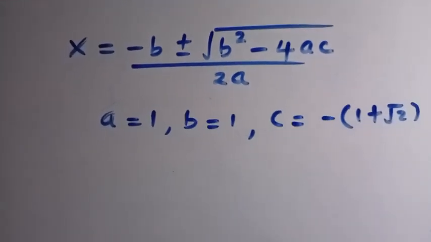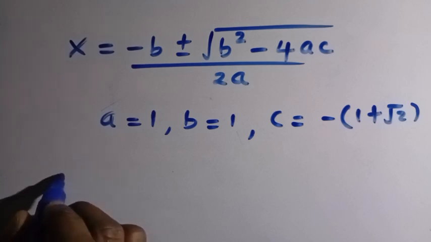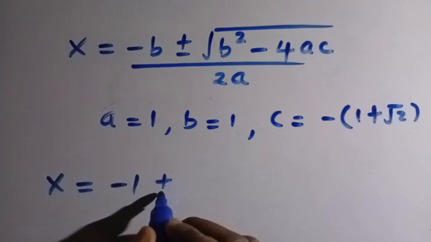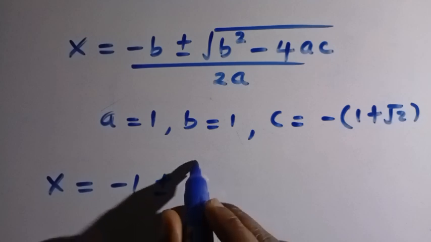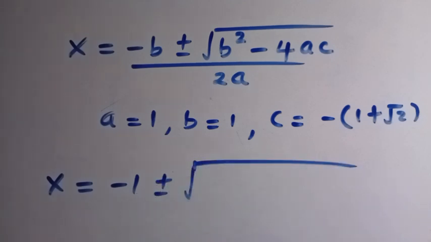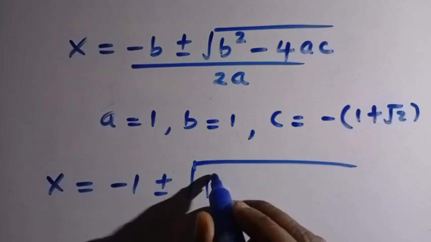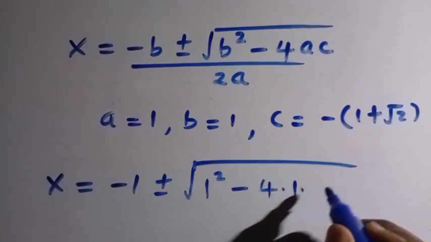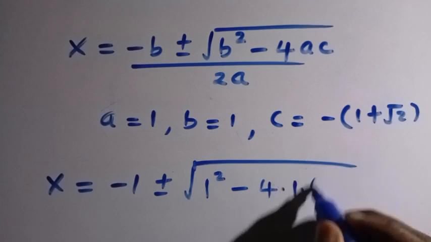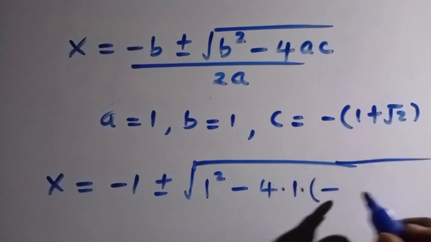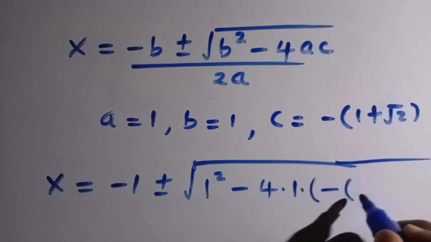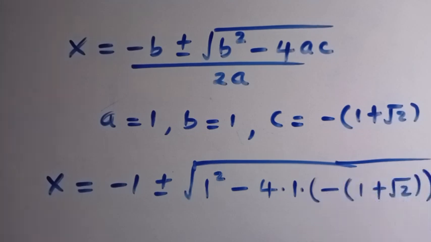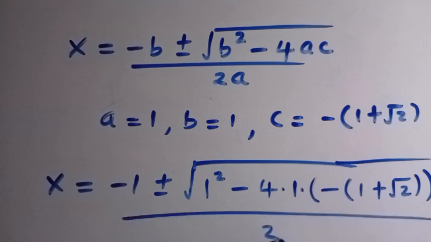Plugging into the quadratic formula, we have x equals minus 1 plus or minus the square root of 1 squared minus 4 times 1 times c, which is minus open bracket 1 plus root 2, all divided by 2.